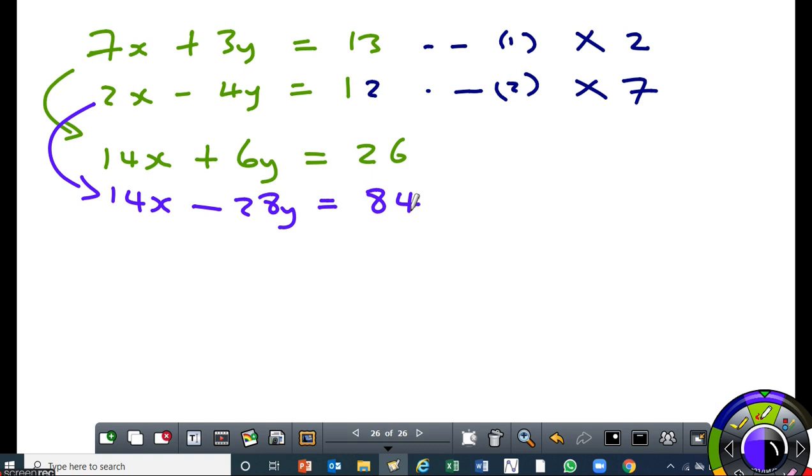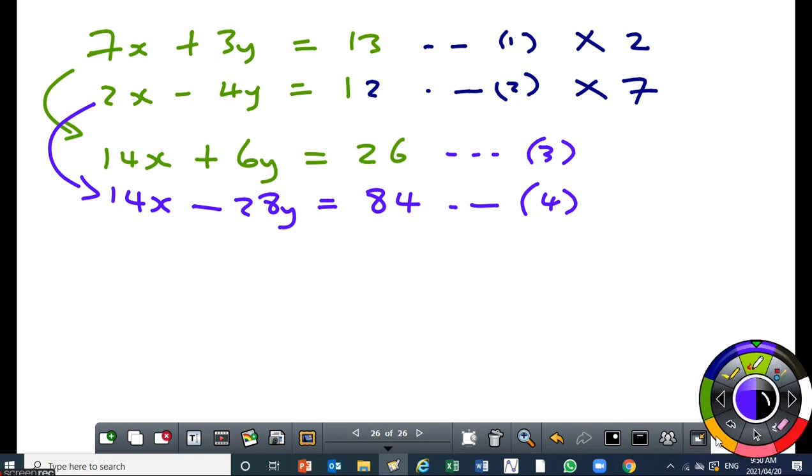Now I can call this one my equation 3 and that one my equation 4. So I have created two equations based on the lowest common multiple of 2x and 7x. Now, I'm sure you can see that I can eliminate x. How am I going to eliminate x?